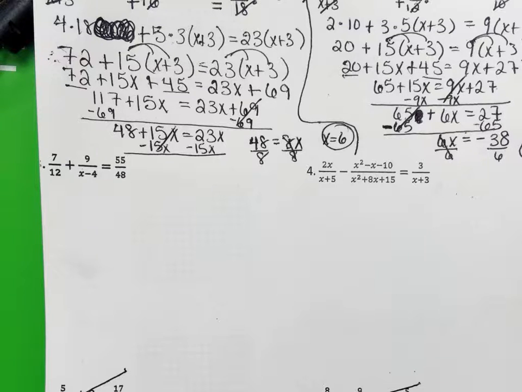Negative, yeah, because divided by 2. 38 divided by 2 is negative 19. 6 divided by 2 is 3. So it's negative 19. Yeah. Yep. Yeah, 48 is correct, right?